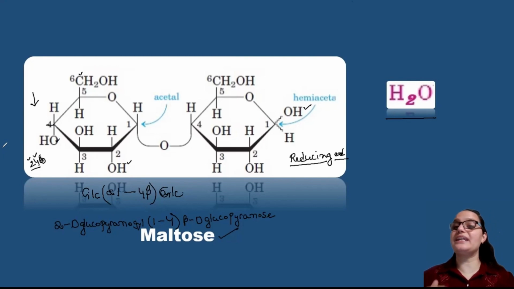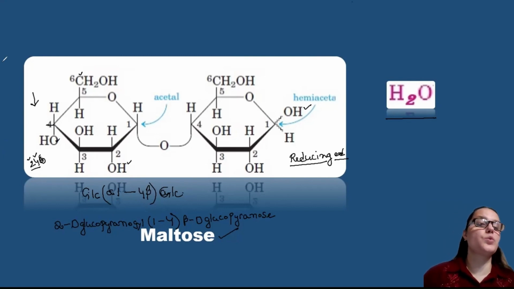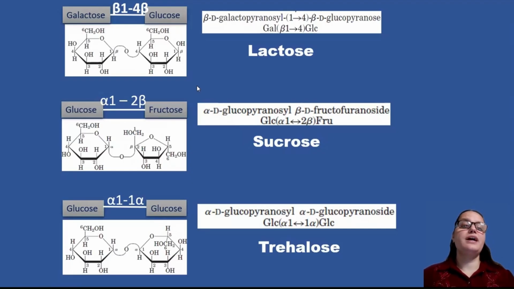Okay, so we need to discuss a few more disaccharides over here. The first one is lactose. As you must know, lactose is the disaccharide sugar present in milk and milk products.